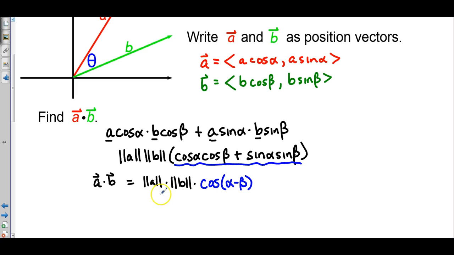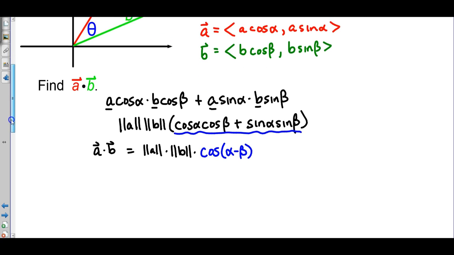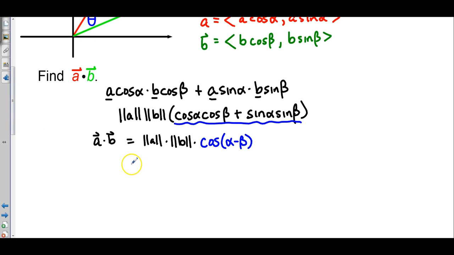So we move some things around. We want to isolate this thing because we're interested in it, and I'll tell you why in a second. In order to isolate that, we just divide by the magnitudes of each of those. And what we're left with is the dot product of A and B divided by the magnitude of A times the magnitude of B. And that leaves us with the cosine of alpha minus beta.